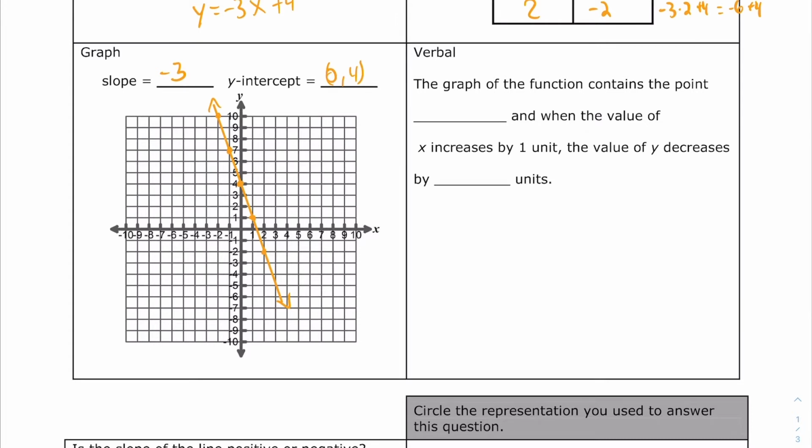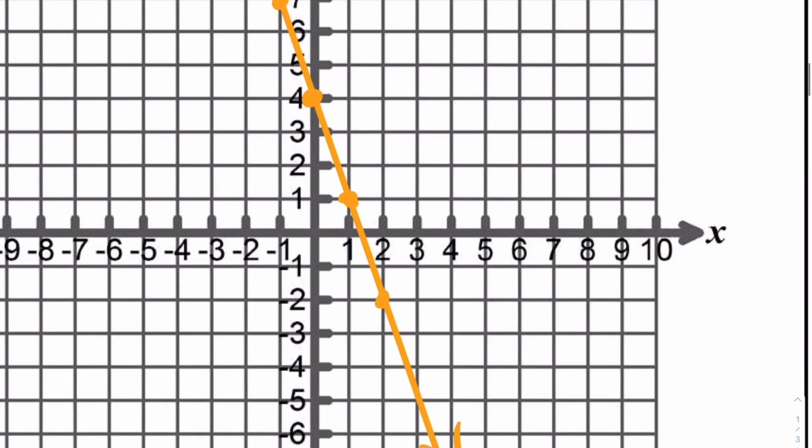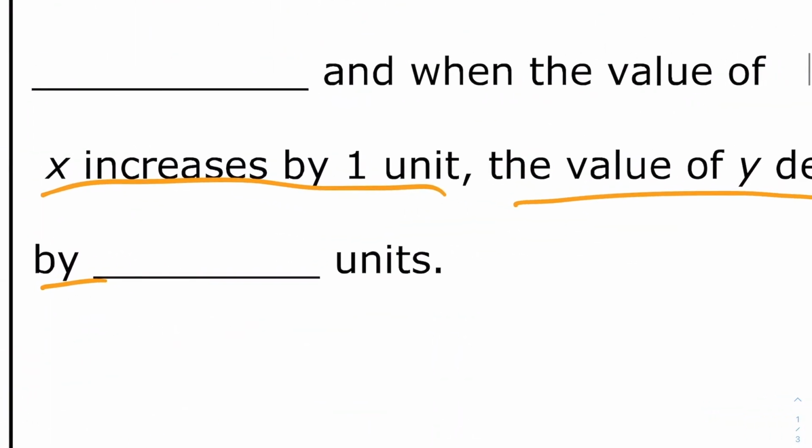And we can say the graph of the function contains the point something when the value of x increases by 1 unit, the value of y decreases by, okay, so let's zoom in and see. As we go from 0 to 1, that's what it means when it says increase by 1 unit. Increase by 1 unit means 1 unit to the right.